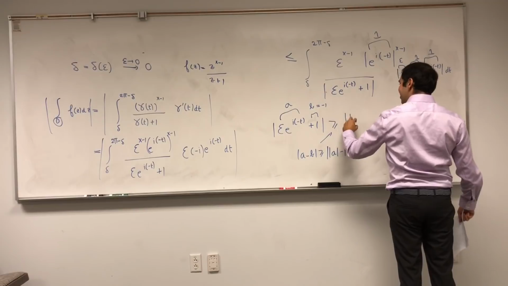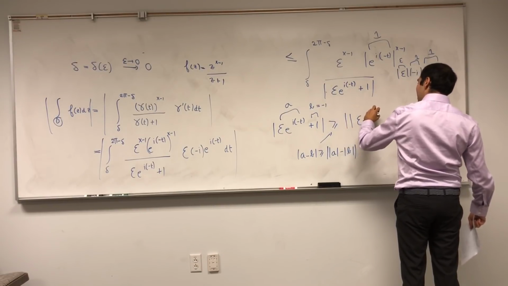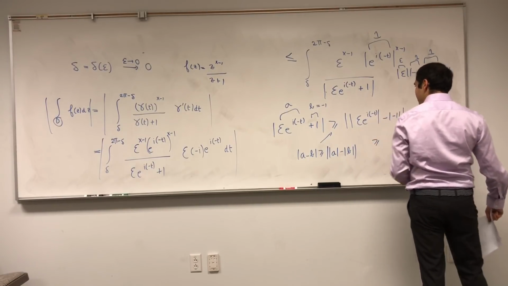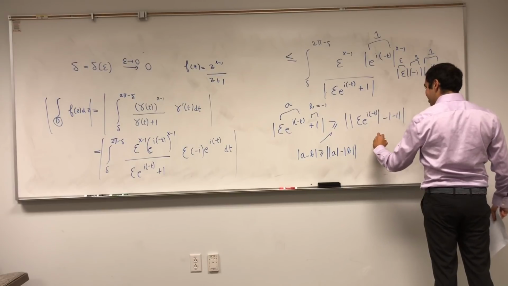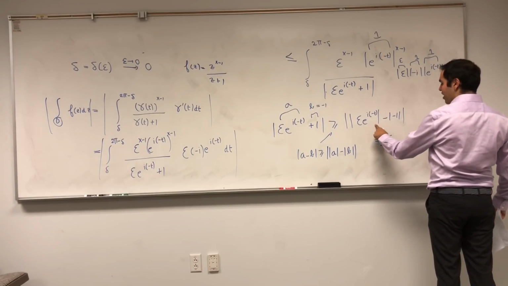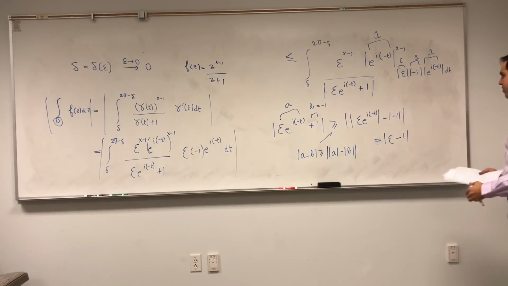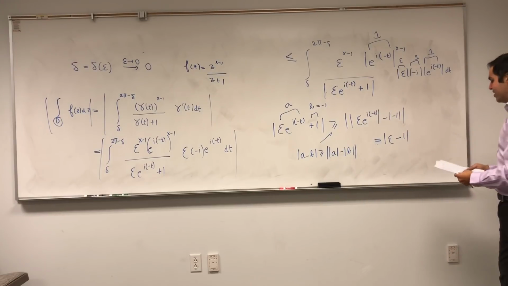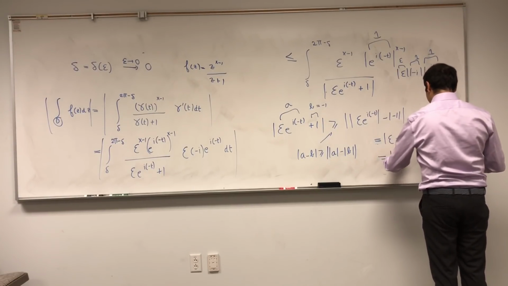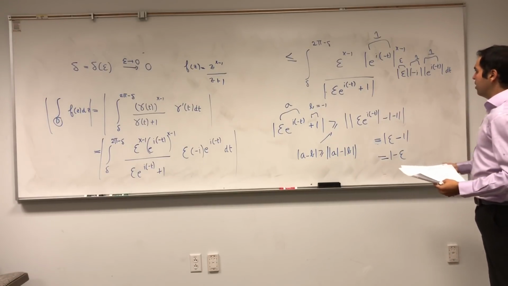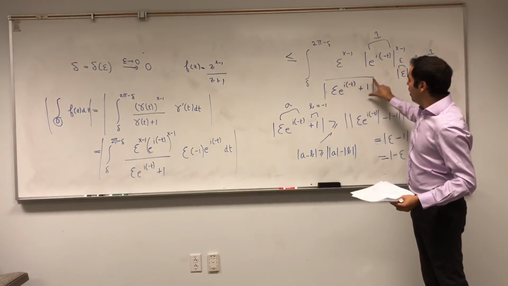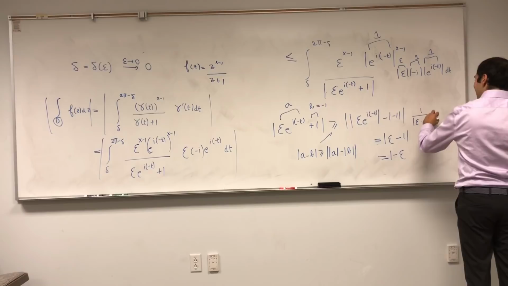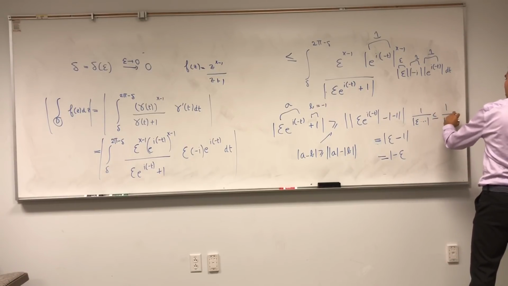So this is greater or equal to the absolute value of epsilon e to the i minus t minus the absolute value of 1, which is equal to epsilon times 1, minus 1. But, of course, epsilon is close to 0, so epsilon minus 1 is negative, and you're left with 1 minus epsilon, which tells us that 1 over this value is less than or equal to 1 over 1 minus epsilon.